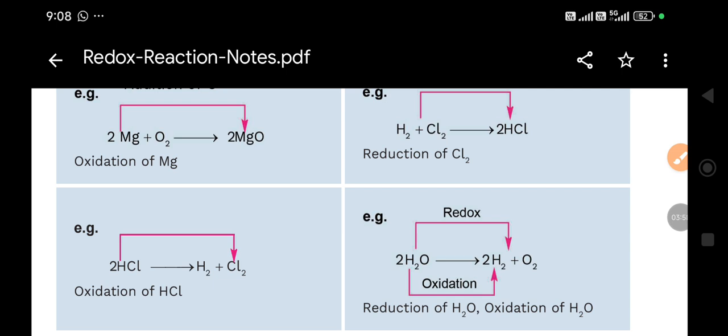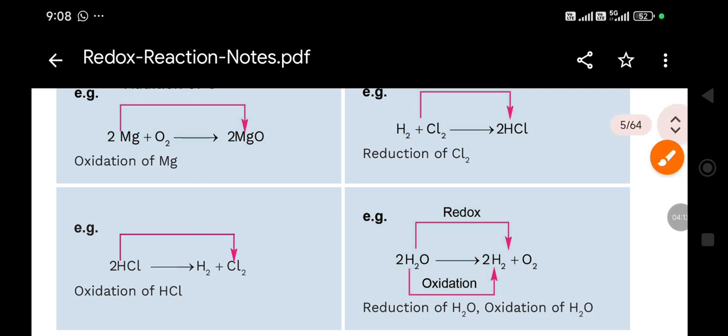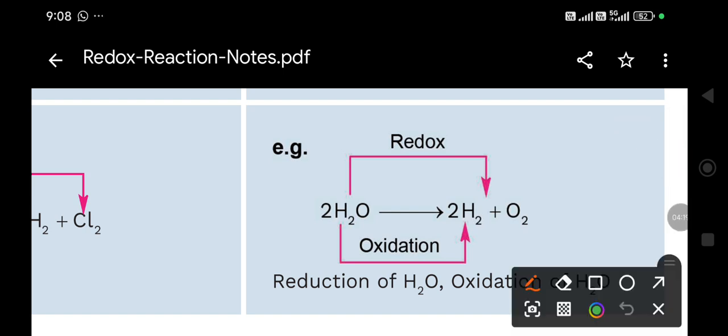In this reaction, one example is dissociation of water into hydrogen and oxygen. Now let us see how we can say that this is a redox reaction. H2O gets dissociated into H2 and O2. Here oxidation as well as reduction is taking place.